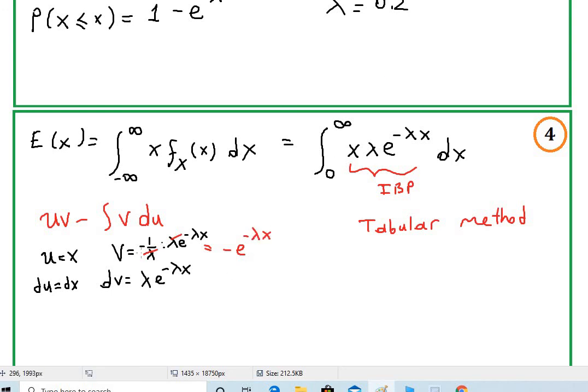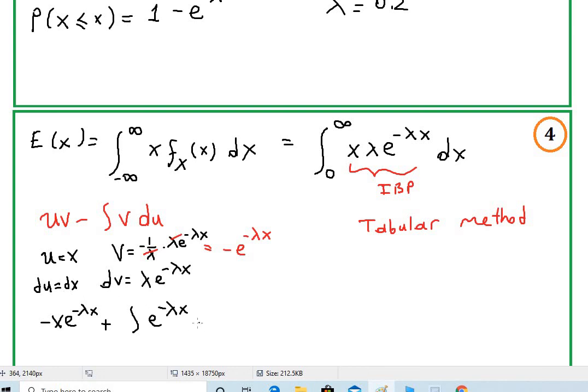Now we're going to plug everything into the formula u times v, which is x times negative e to the negative lambda x, minus the integral of v, and we can pull this negative sign to the front, negative e to the negative lambda x, v times du.